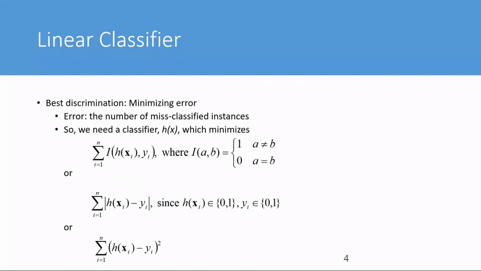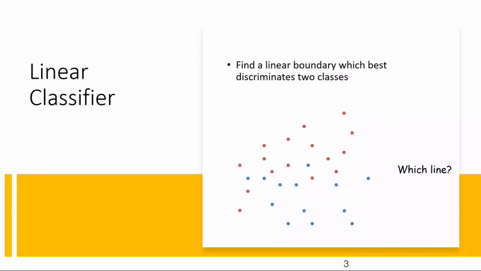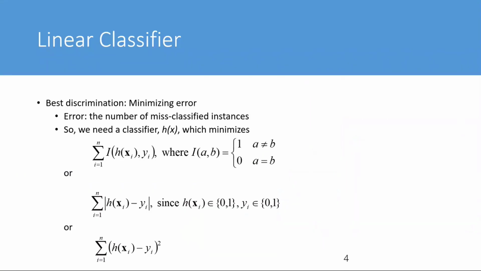Okay. Again, the thing which you hate the most starts: mathematics. So a linear classifier actually is to find the best discrimination. Best discrimination means minimizing error.